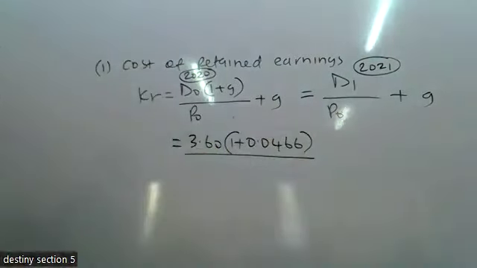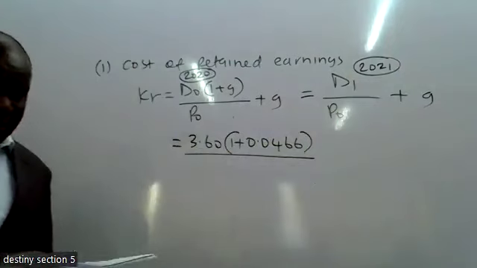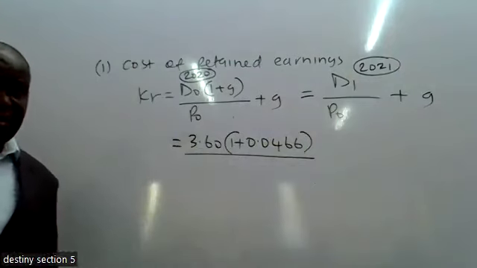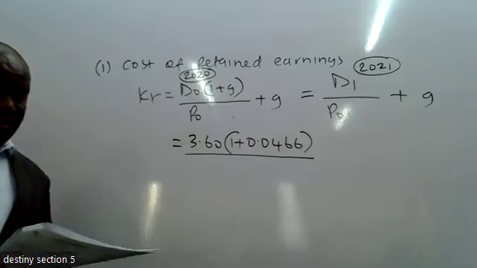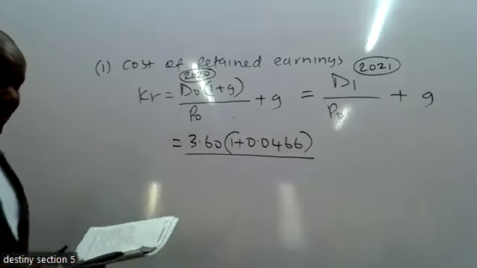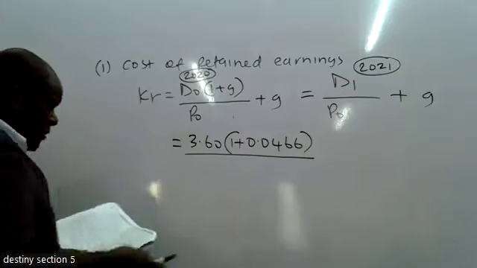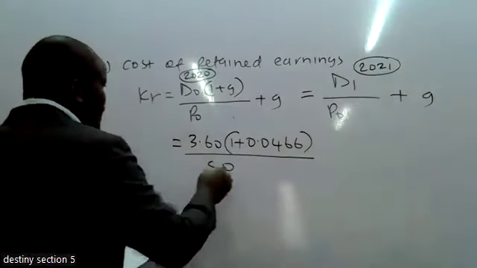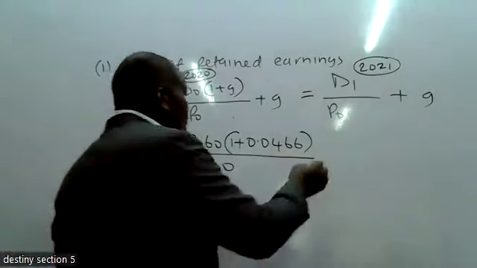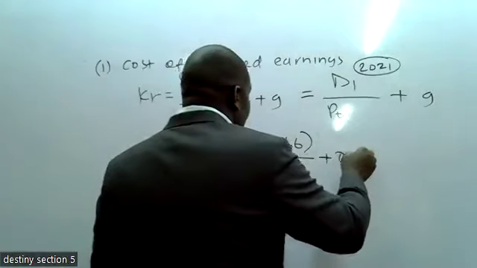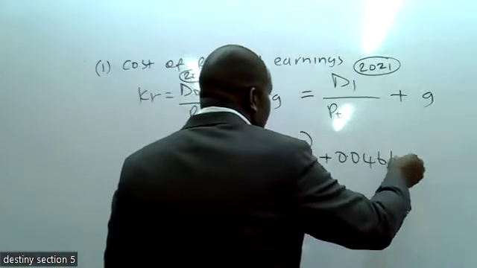Divide by P0. P0 is the current market price, in number 2. They say that the company's ordinary shares currently sell at the securities exchange at how much? 50. Then also add the growth rate.